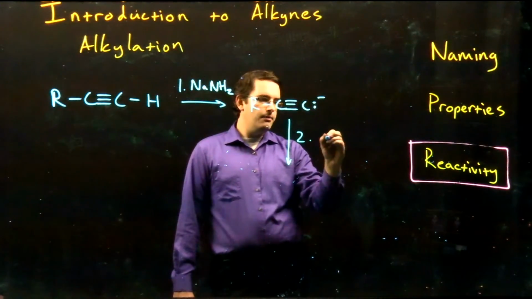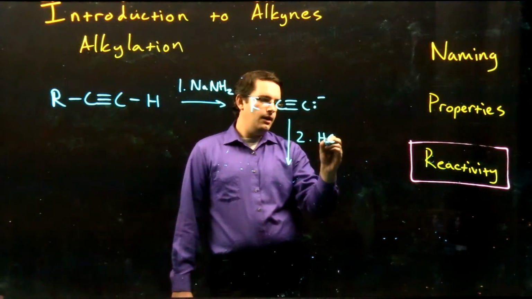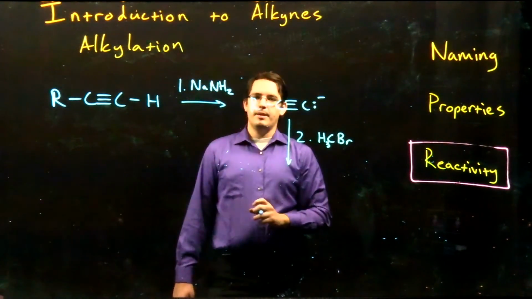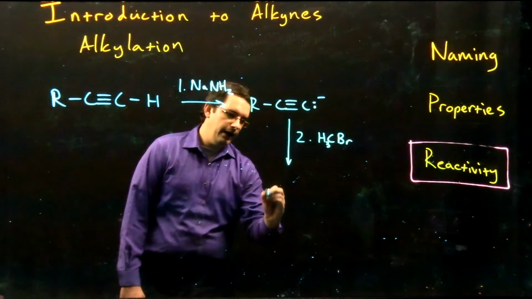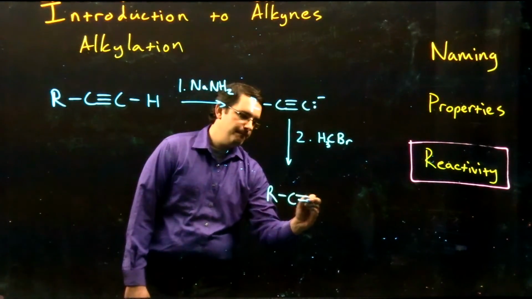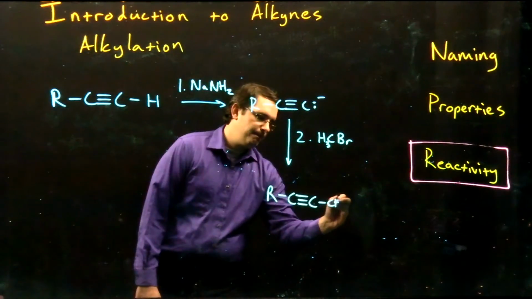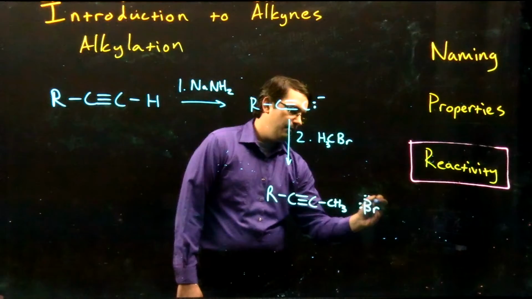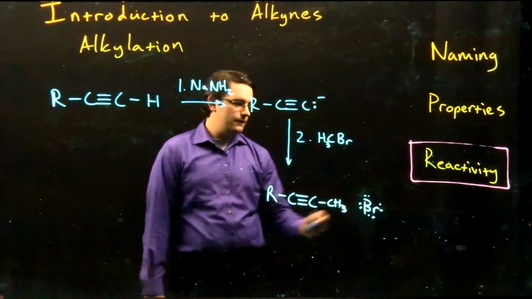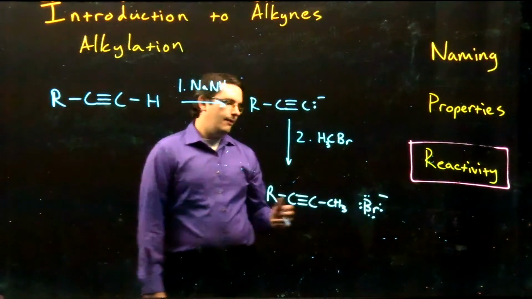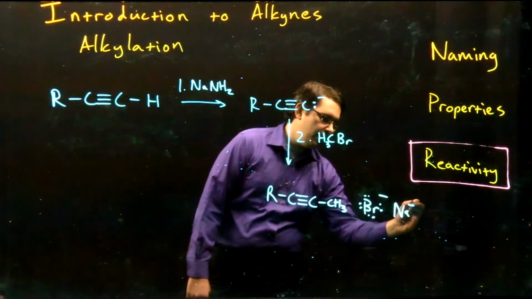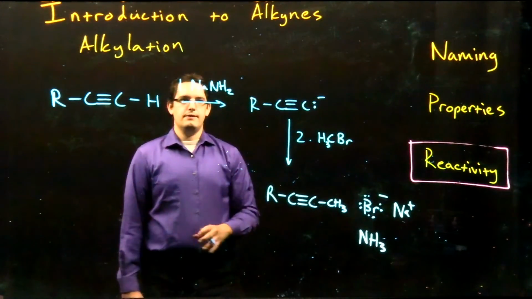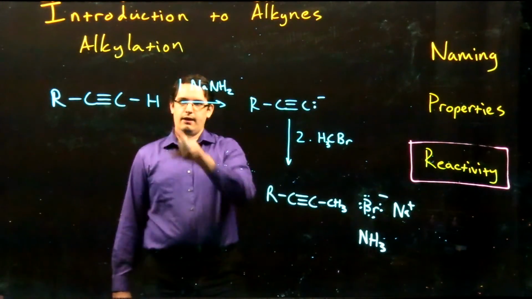So I want either a primary or maybe a methyl alkyl halide. So here I have methyl bromide. My bromide is going to be breaking off as my leaving group, and I'll add on that single carbon here. So there's my new carbon, there's my bromide leaving group, and of course from my original base I would still have my sodium counterion as well as my ammonia, NH3, that's produced when my amide ion takes that hydrogen.